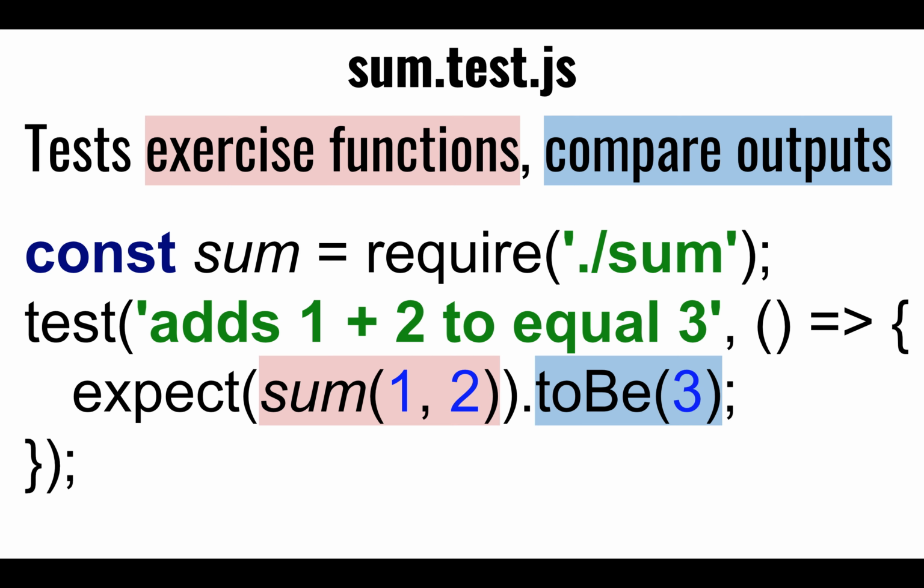Typically that description would be the expected behavior of this test: I want to make sure that if I add 1 plus 2, that's equal to 3. So that's what test does. That's the first one. The second argument is a function that will execute when you run the tests.